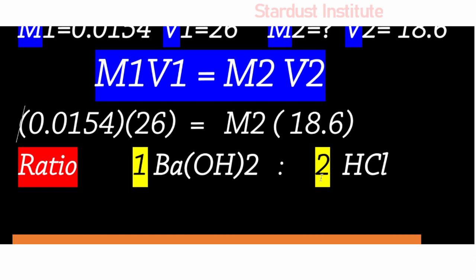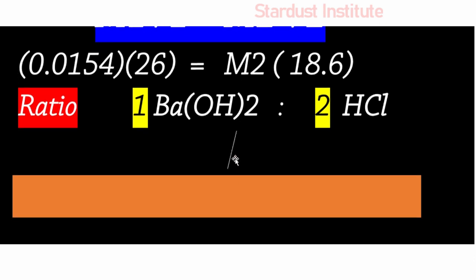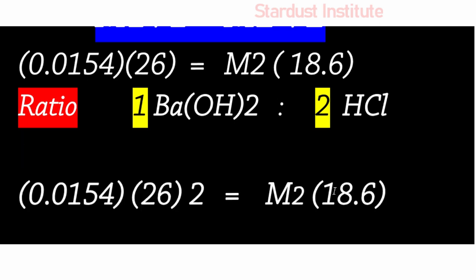But we must consider the ratio. We know to react with 1 mole of barium hydroxide, 2 moles of HCl are required. Therefore, we should multiply barium hydroxide side by 2. 0.0154 times 26.